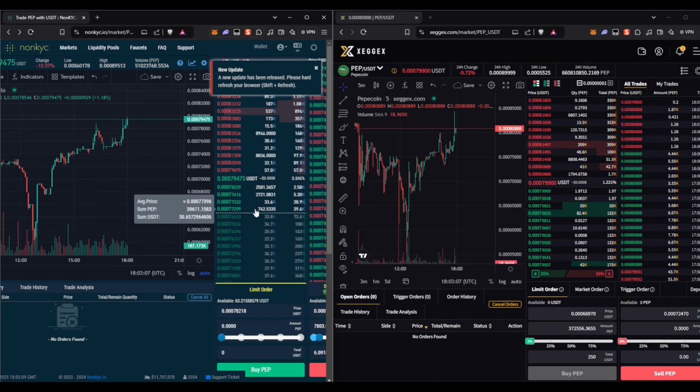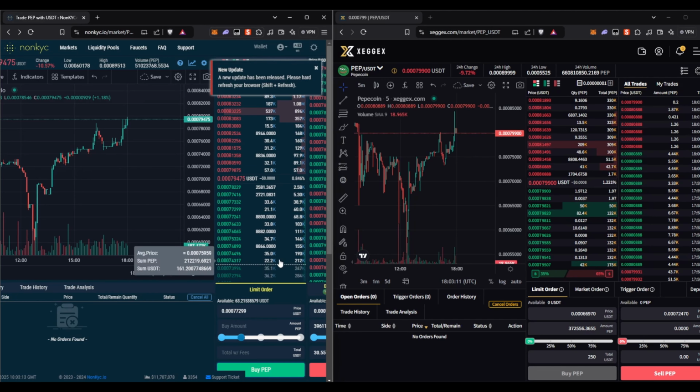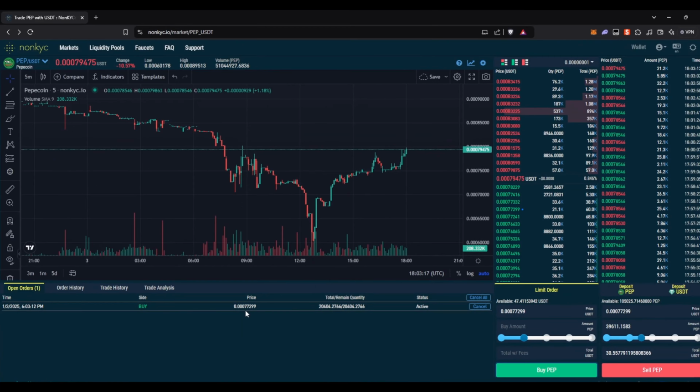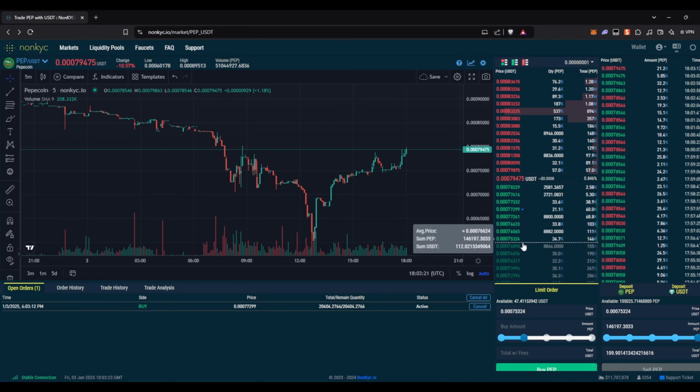So maybe one here at 77, maybe 25% there. I'll just blow this up for illustration. So one at 77, maybe one down here at 74890, but I'm going to outbid that guy by 2. And maybe 50% of my remaining here.